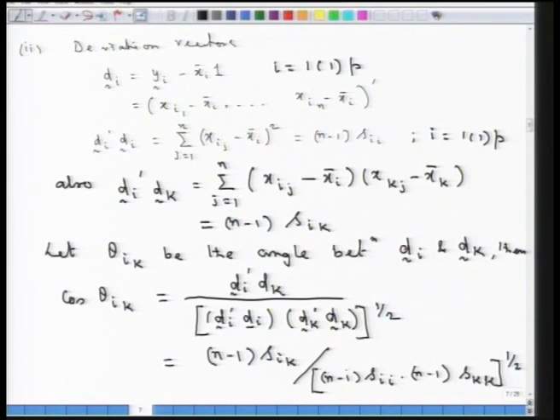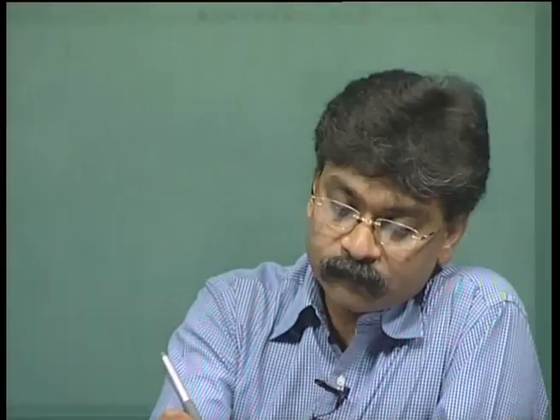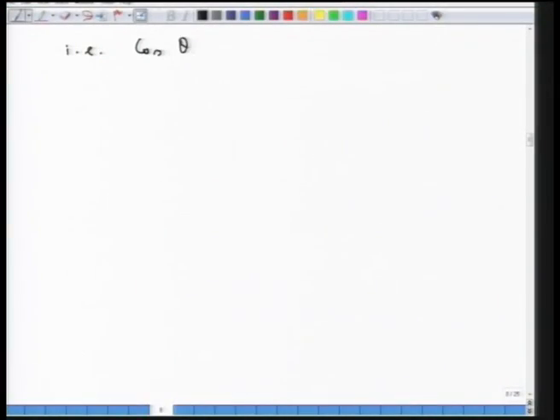So the n minus 1 factor cancels out, and the cosine of the angle between these two deviation vectors is S_ik divided by the square root of S_ii into S_kk. That is, the cosine of this angle theta_ik is S_ik divided by S_ii S_kk whole raised to the power half. And what is that equal to? That is just the sample correlation between the ith and the kth variable.